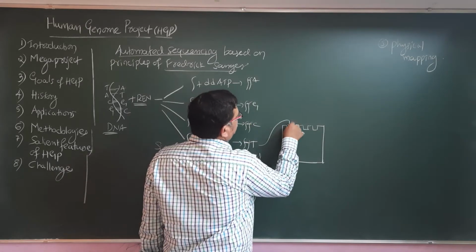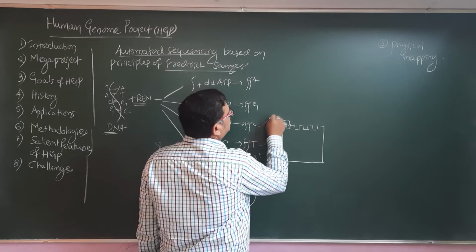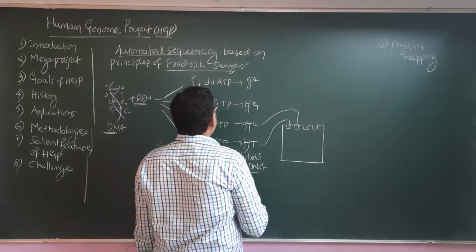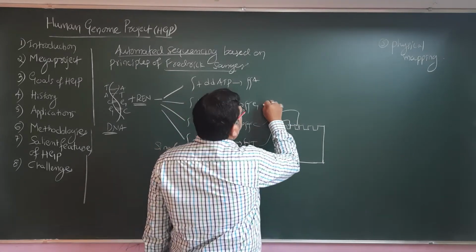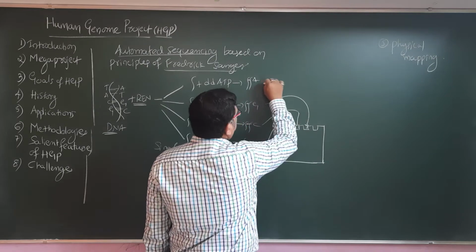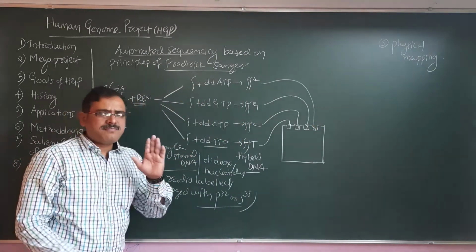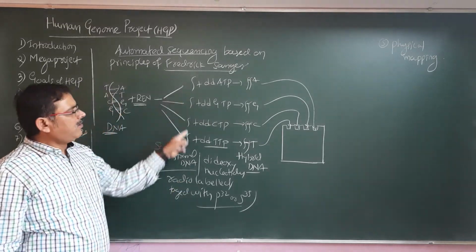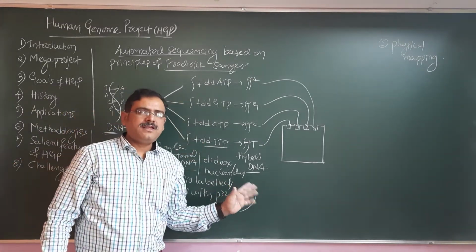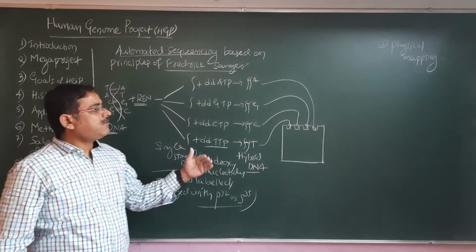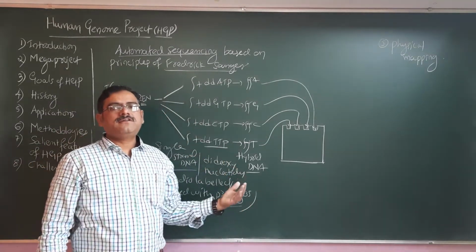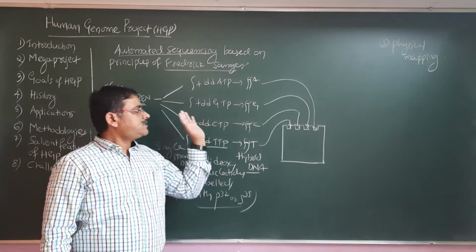We add the thymidine mixture here, the cytosine mixture here, and then guanine here. All 4 are the same DNA, but we can't make out the position of adenine, thymine, or guanine just by seeing that.